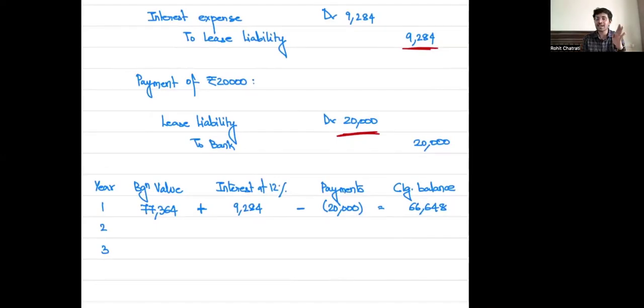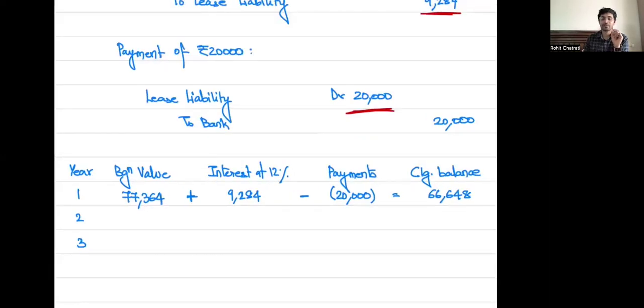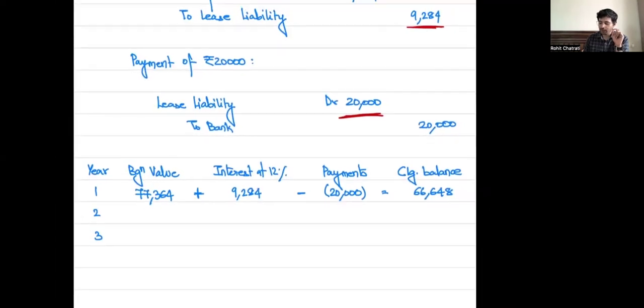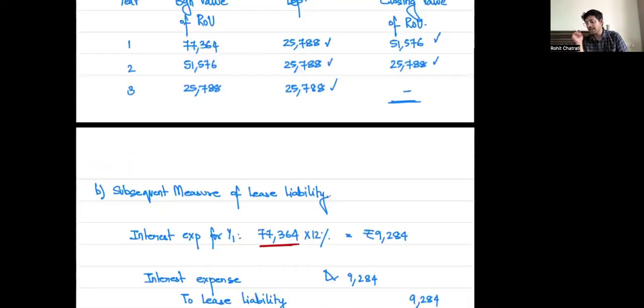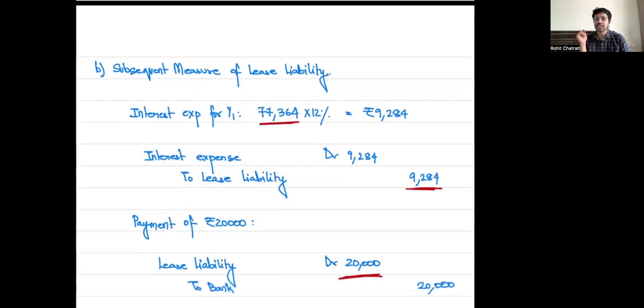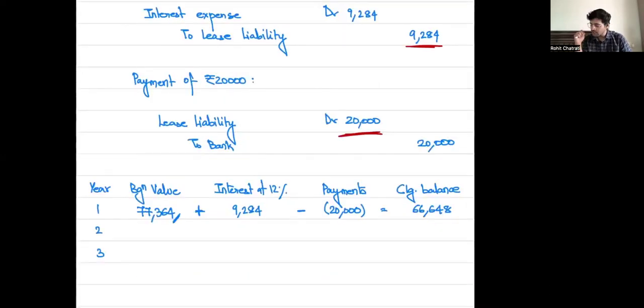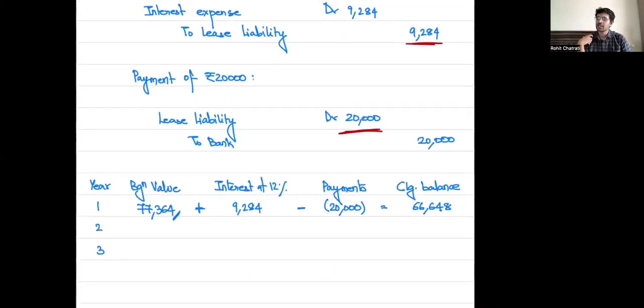When you started off, you recognized right of use asset and lease liability of 77,364, both with the same beginning value. But as time passes, at the end of year one, the ROU asset has a balance of 51,576, whereas lease liability has a closing balance of 66,648.